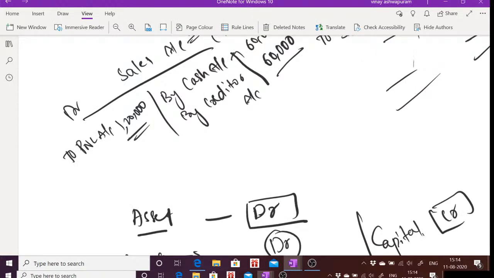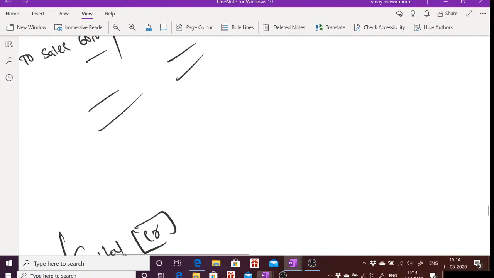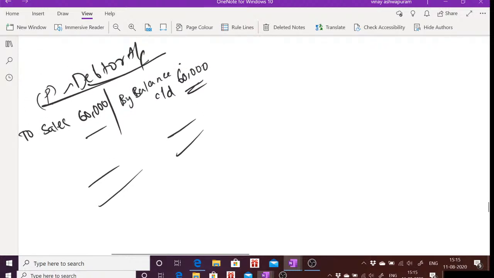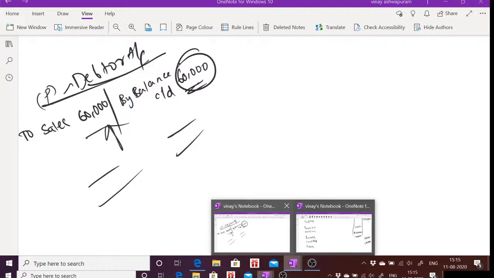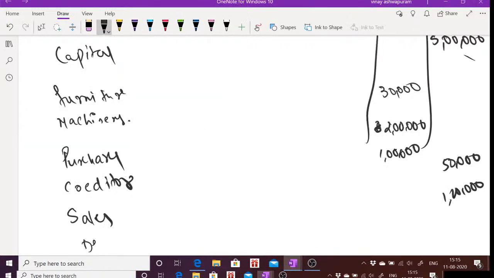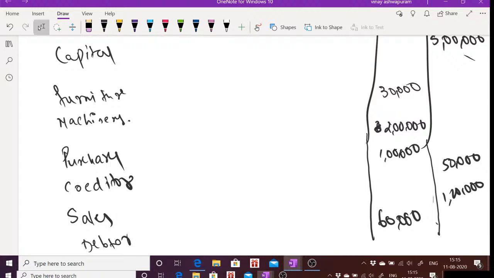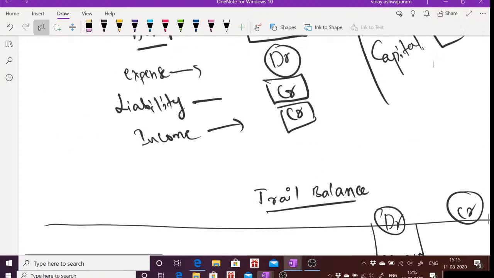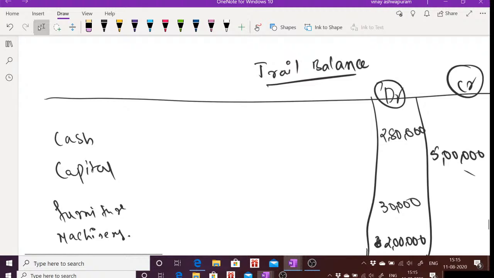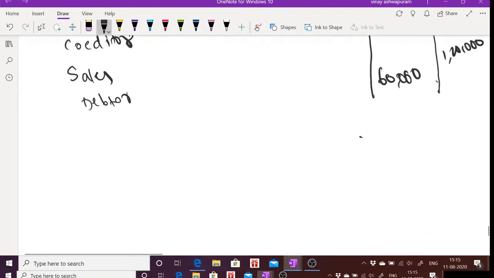Then next you had debtors, which was showing 60,000 and debit side is more. So debtors debit side 60,000. Okay, so have we taken sales? Yes, we have taken sales 1,20,000. So creditors 50,000. If you total the debit side and the credit side, they must be equal. Then you have no errors.